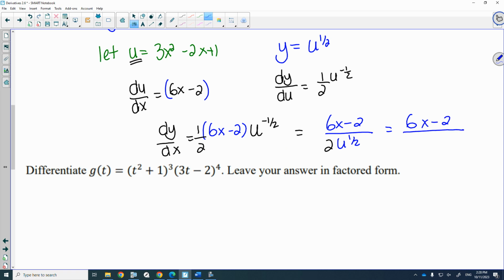Oh, something will be able to be cleaned up, actually. See if you can see it. 2 square root u is 3x squared minus 2x plus 1. Does anybody see what can actually be cleaned up from here? Yeah, in the numerator, I could factor out a 2, and the 2 over 2 will cancel.